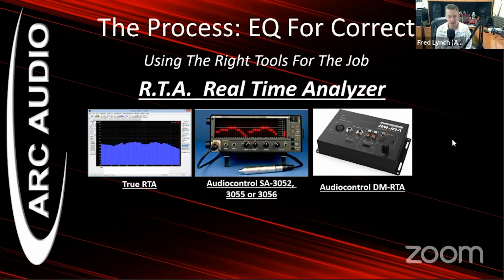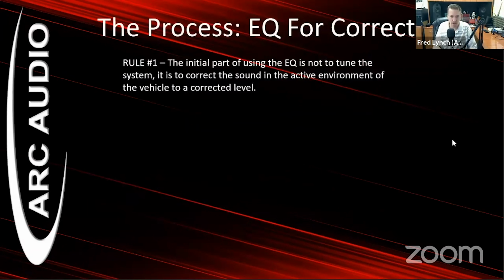If you do become proficient, they do have options for 1/6, 1/12, and 1/24 octave RTAs. Options for advanced tuning, which we're definitely not getting into at that level. What our focus today is going to be 1/3 octave RTA, which is kind of the reference platform for the Audio Control RTA pieces. So the process for the correction.